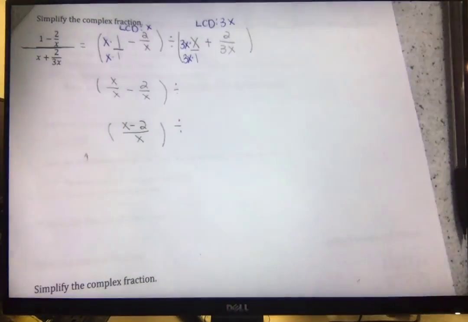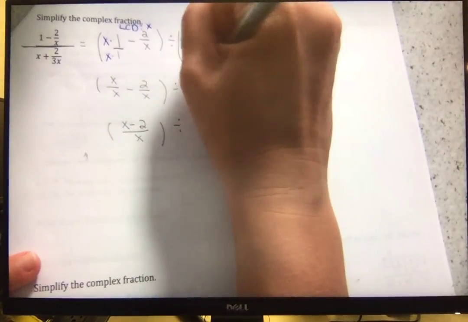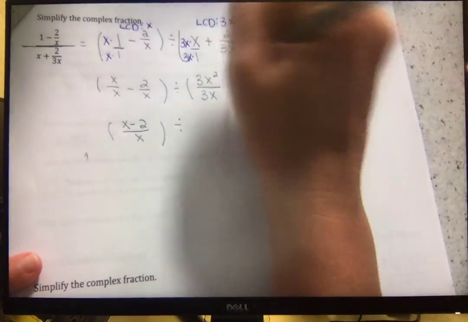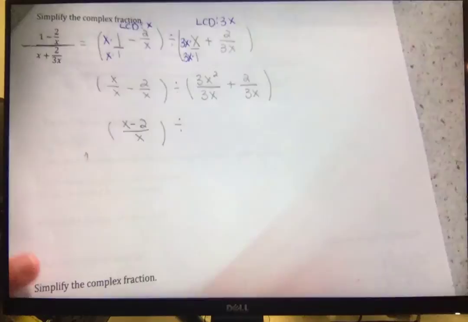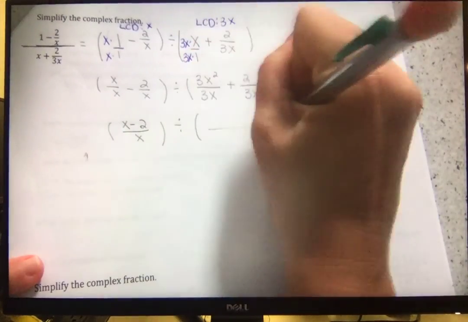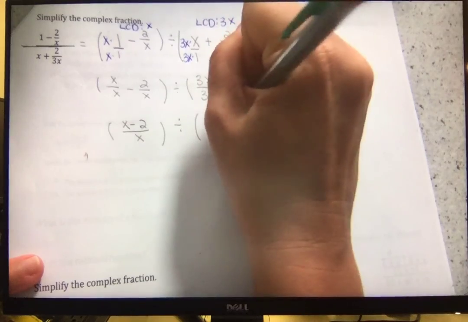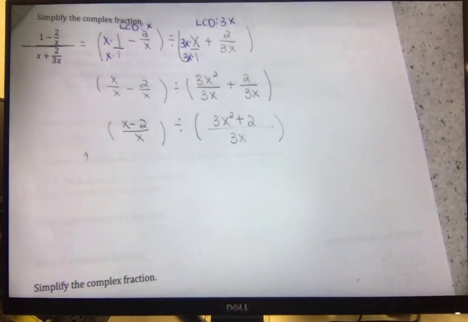Second fraction is already 3x, so it's good to go. So 3x times x is 3x squared, all over 3x, plus 2 over 3x. Now these are like terms, so I can write it all over 3x as one big fraction. So we're left with 3x squared plus 2 all over 3x.